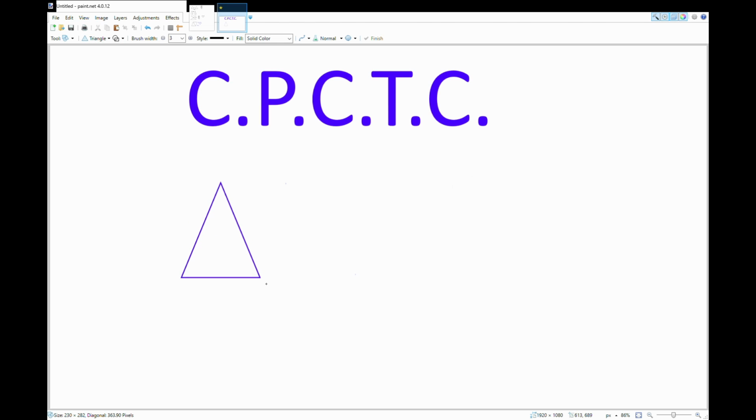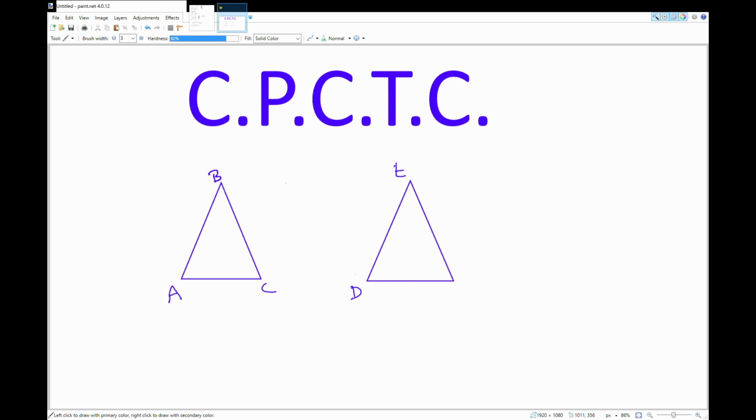I'll call it triangle ABC and triangle DEF. Again, we're not feeling super creative, but it works. Okay, ABC and DEF. All right, let's say you're given some information.